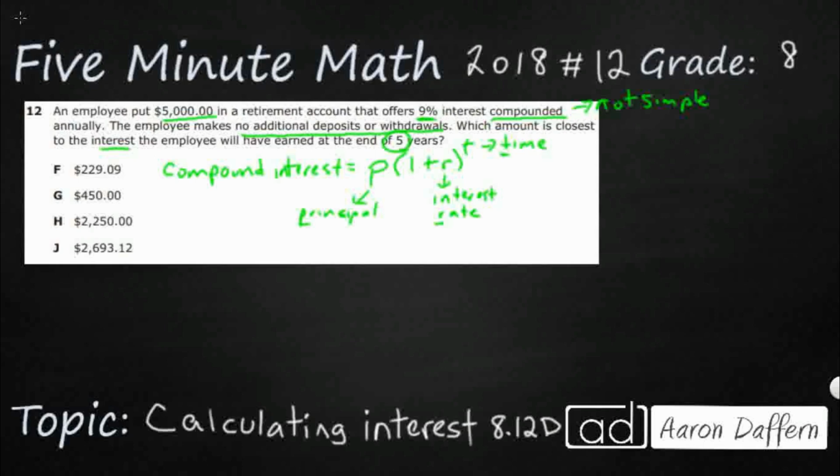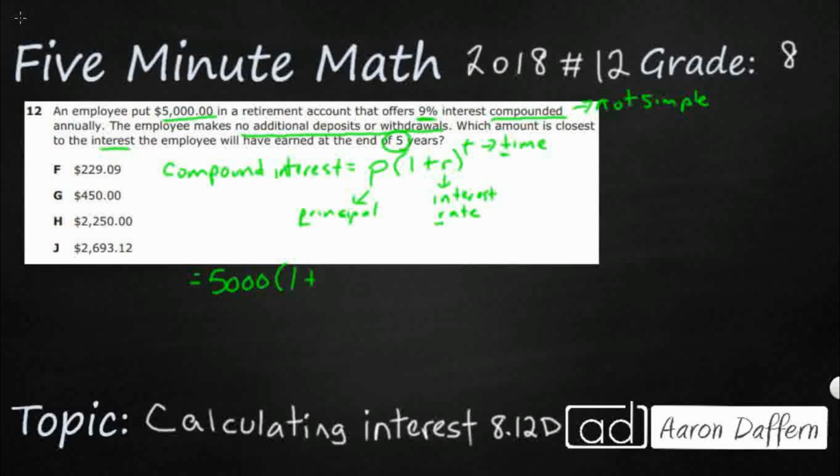So now that we have all the numbers we need, let's plug it in and calculate it. So my principal is going to be $5,000. Multiply that by 1 plus, now my rate is 9%, but when we're adding that, you're not really going to add whole numbers and percents.